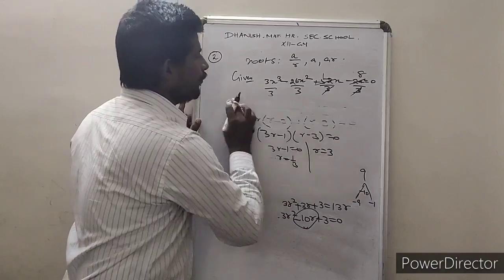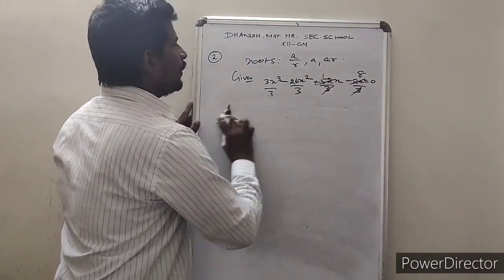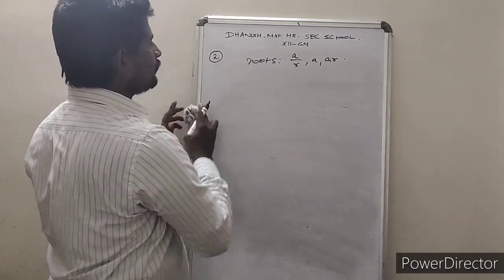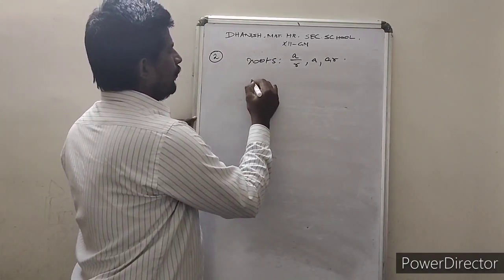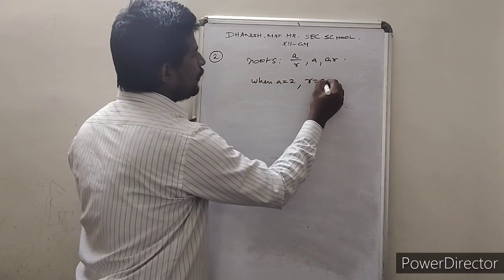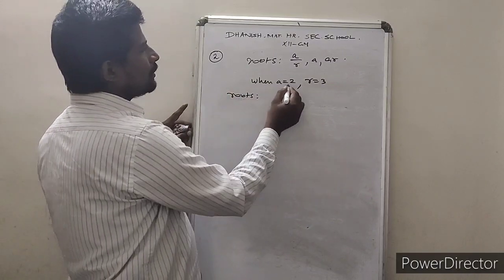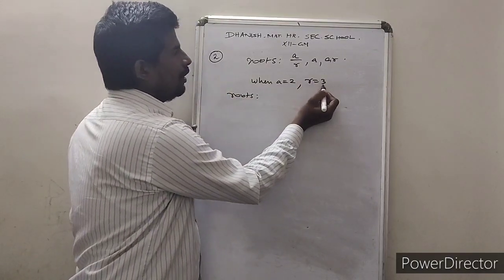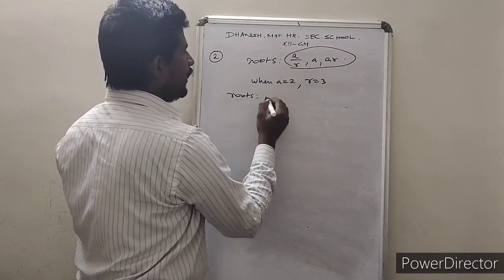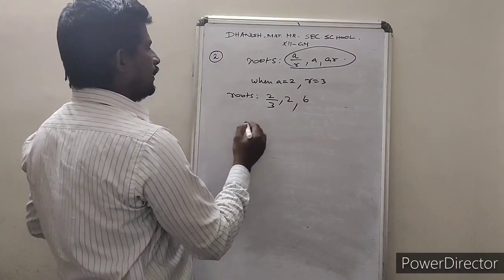Now we are going to find our required roots. When a equal to 2, r equal to 3, substituting a and r in the 3 roots, a by r is 2 by 3, comma, 2, comma, 6.